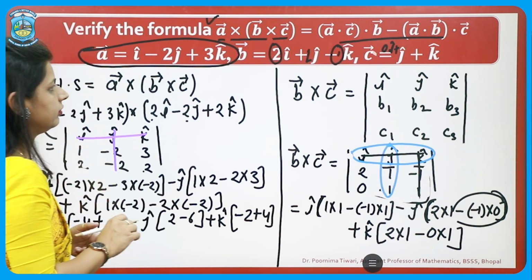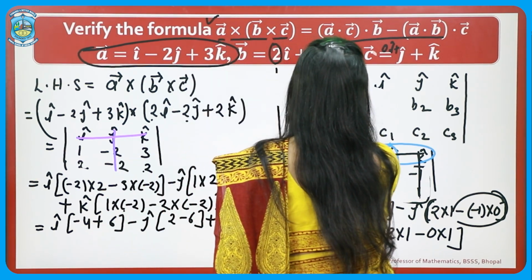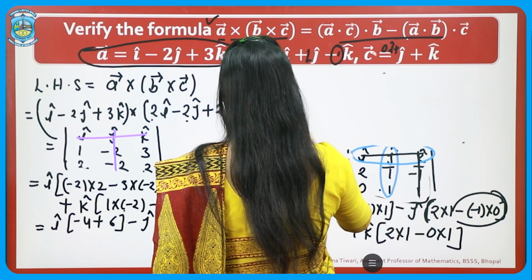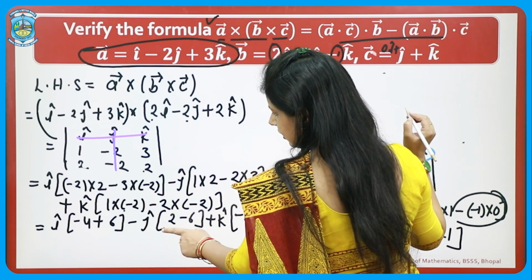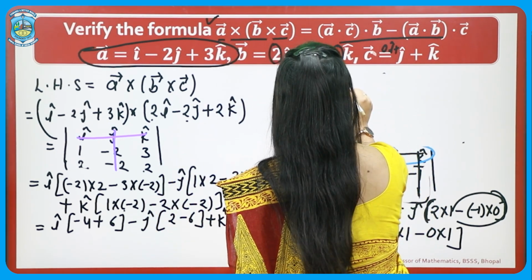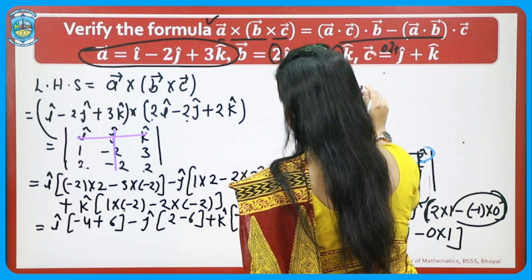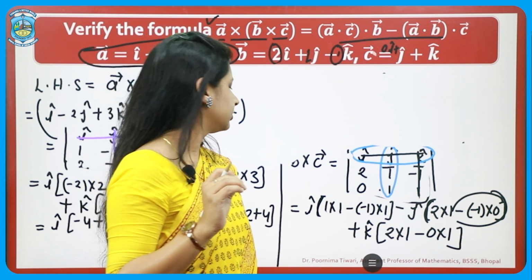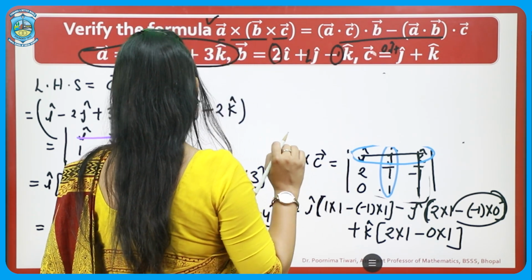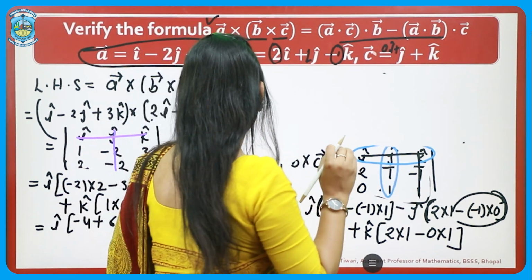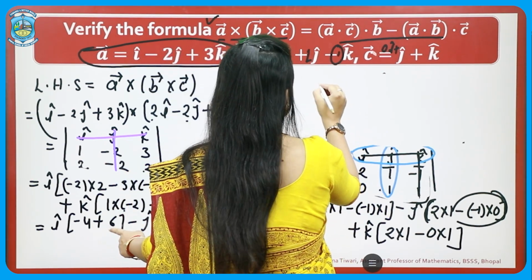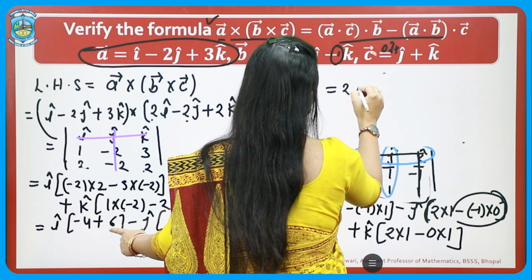On further solving, we will get this value as minus 4 plus 6, that is 2 i cap.